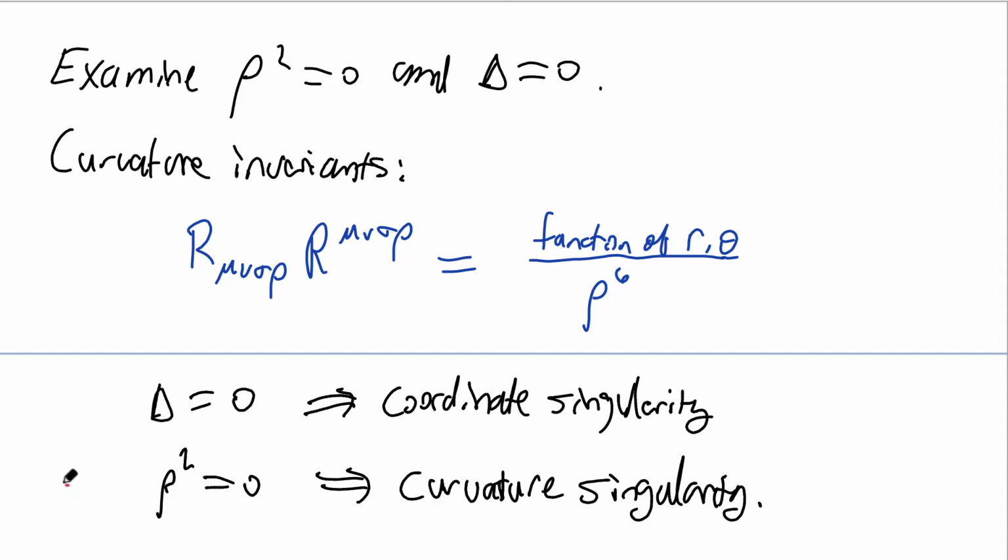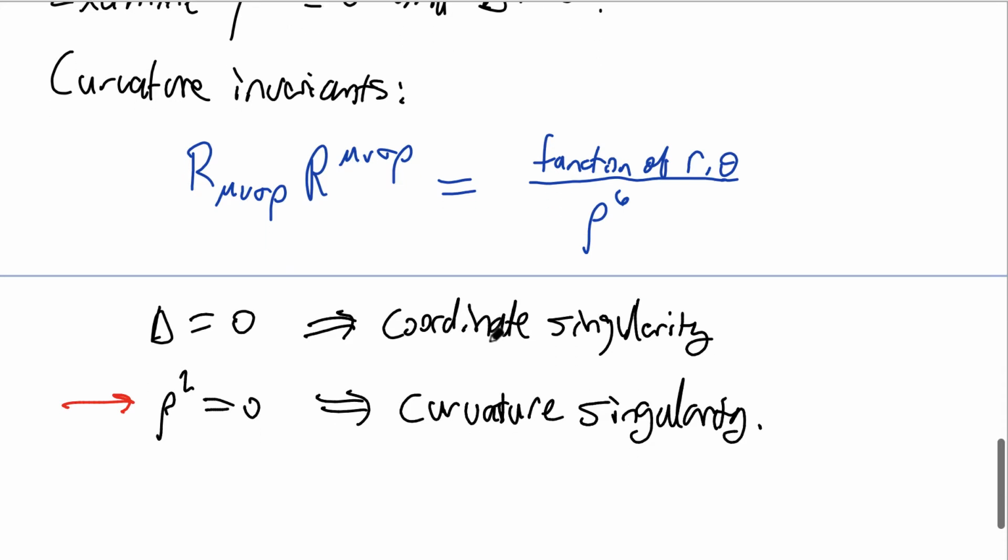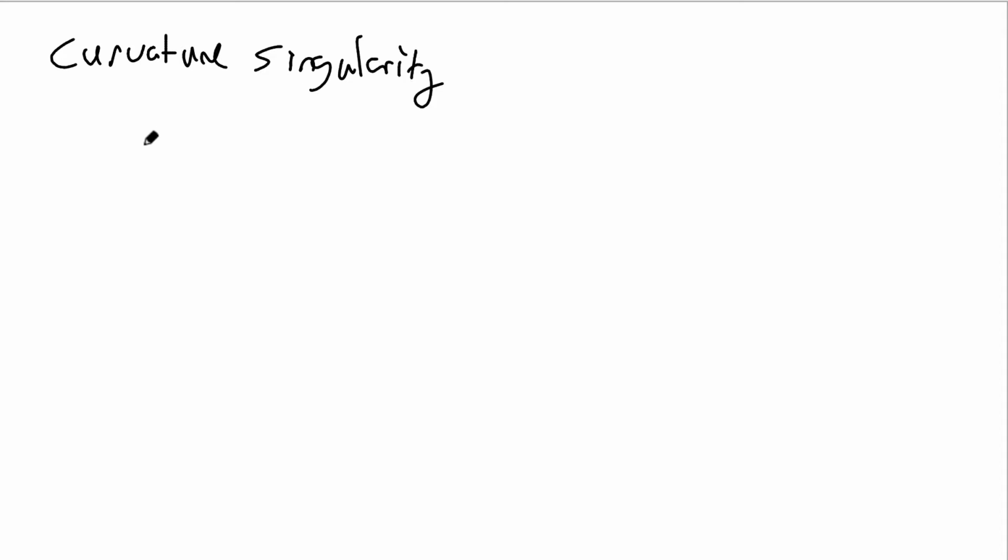So let's examine this curvature singularity. The curvature singularity occurs when rho squared is equal to 0, and if we recall, rho squared is defined as r squared plus a squared cosine squared theta.